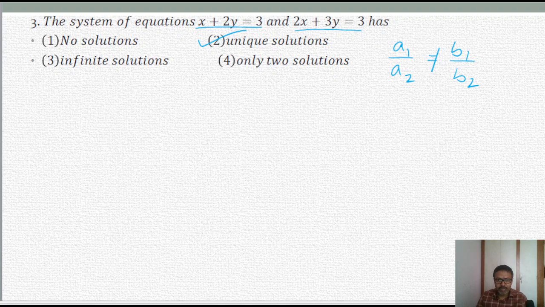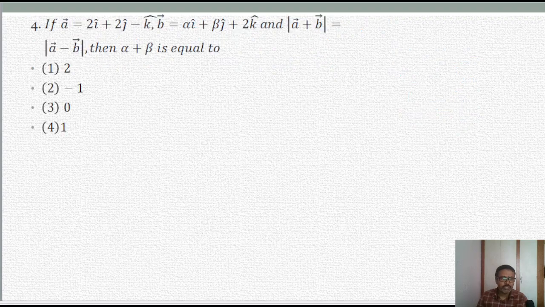Here a1 is the coefficient of x from the first equation, a2 is the coefficient of x from the second equation, and check out the y coefficients on both equations, 2 by 3. Clearly these two are not equal, so no need to solve. By looking at the equations only we can solve this easily, and you can mark your option as 2, unique solution. Let's move on to the next one, friends.